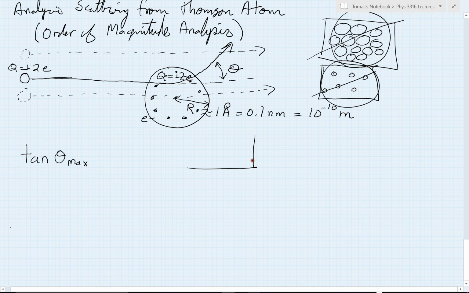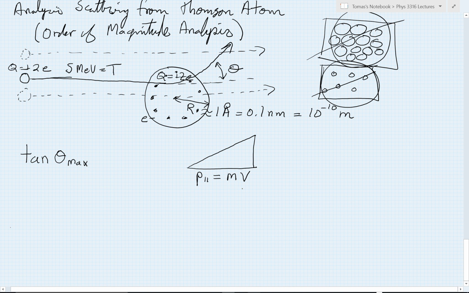I'm coming in with some rather large parallel momentum, which is the mass of my alpha particle times the velocity. And I know this velocity because I know their kinetic energy is 5 million electron volts, kinetic energy, capital T. So I can figure out this incoming parallel momentum.